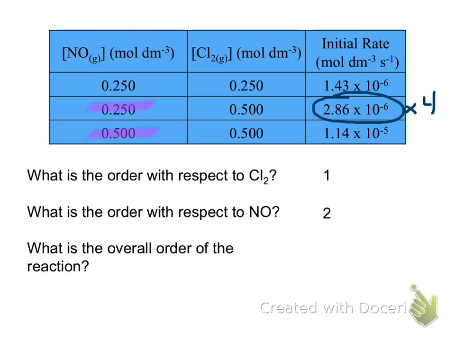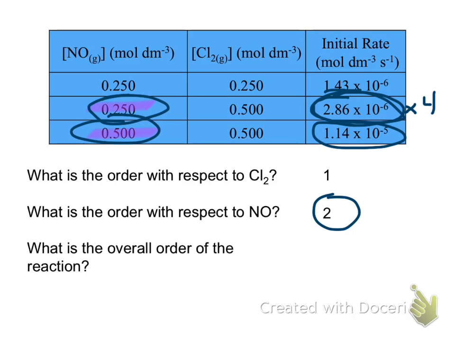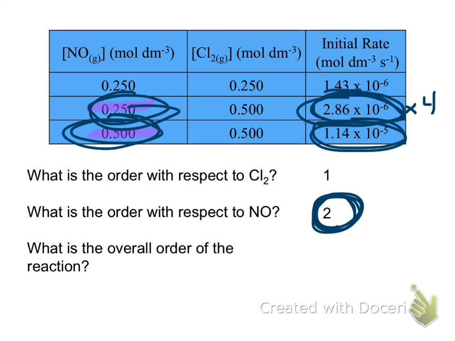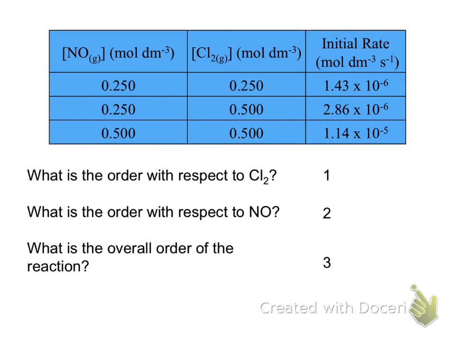So the rate's increasing by 4 times. So if we double the concentration here, our rate quadruples. That means it's second order with respect to NO. So if you double it and your rate quadruples, that's second order. So the overall order, we just add those two up, we have an overall order of the reaction of 3.